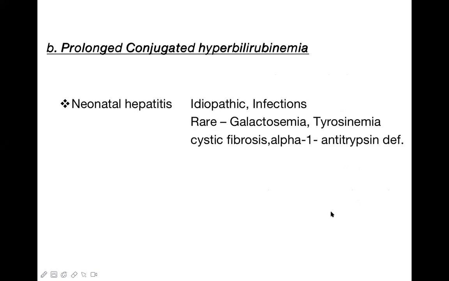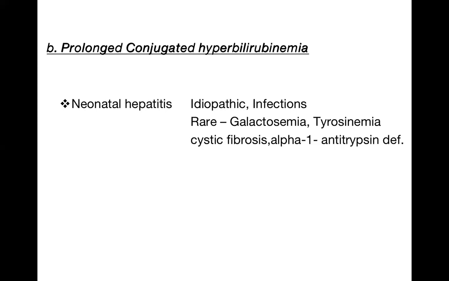Now another part is left behind. This is prolonged conjugated hyperbilirubinemia. Let me repeat a little bit here. Inside the liver, the unconjugated bilirubin will be converted into the conjugated one. Then only, remember that, then only that bilirubin can be excreted in the bile.